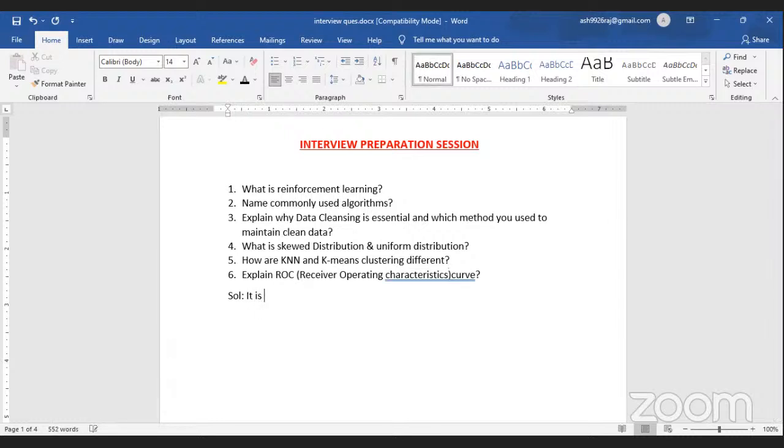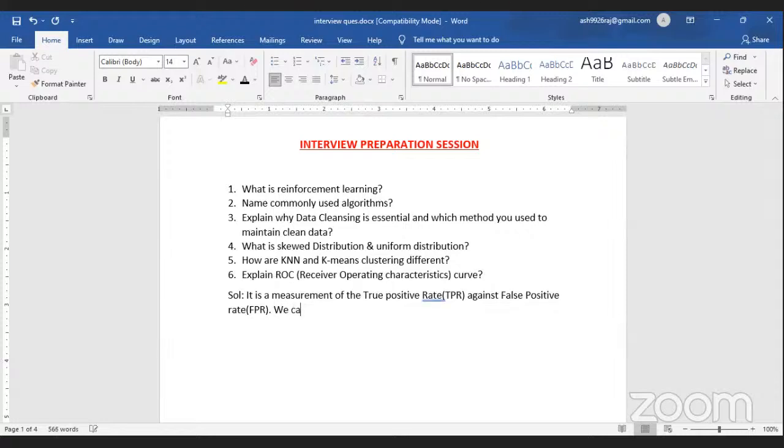It is a measurement of the true positive rate, which we call TPR, against the false positive rate, which is called FPR.